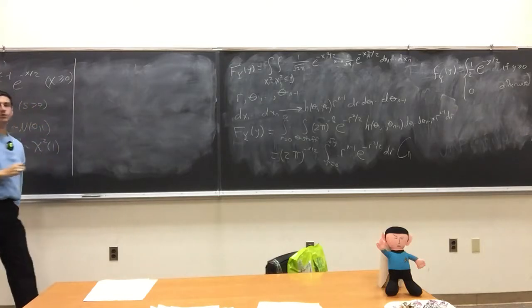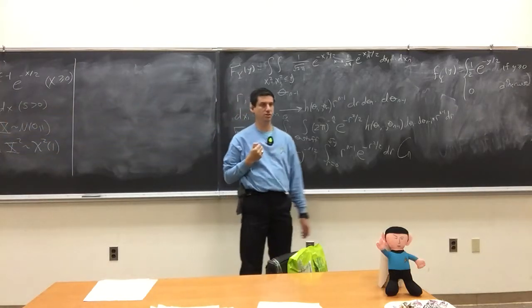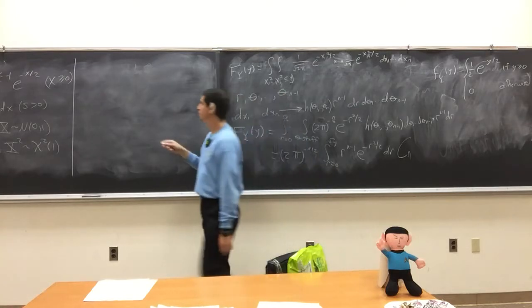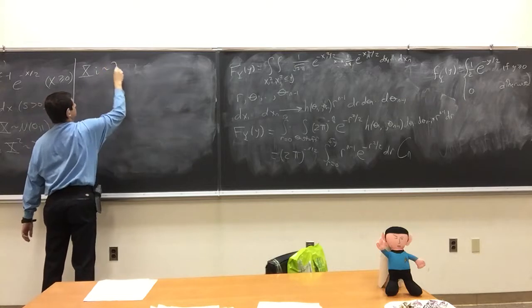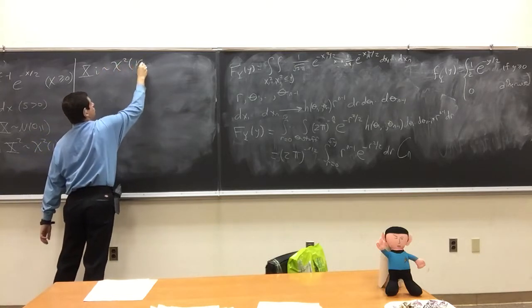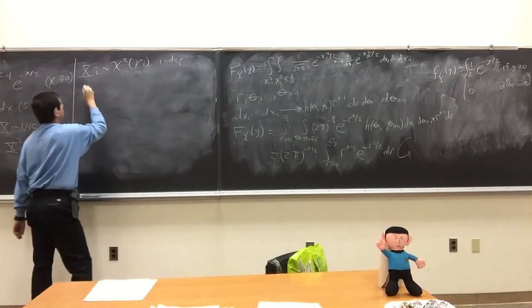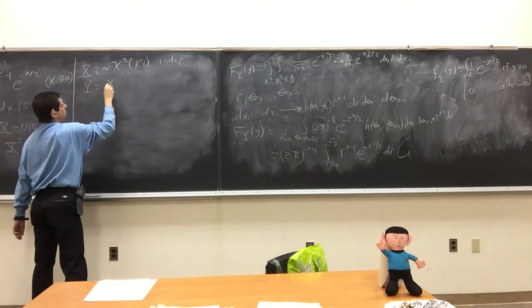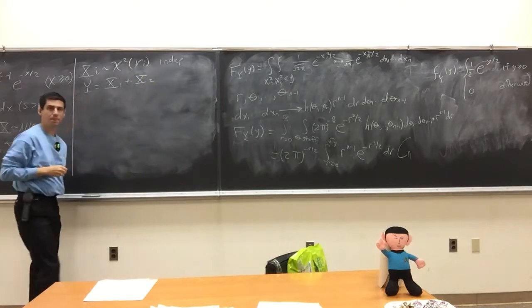It'll also allow us to deal with one of the most common mistakes people make when they deal with convolutions. So let's say x_i is chi-squared with nu_i degrees of freedom, and they're independent. And we'll let y be x1 plus x2.